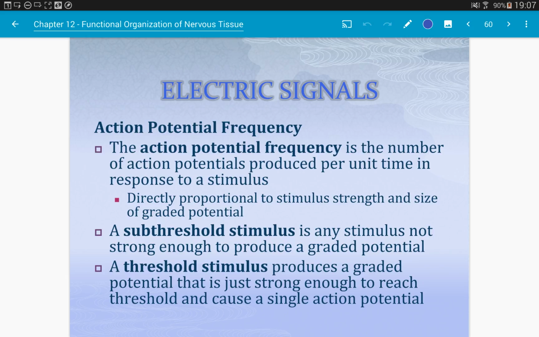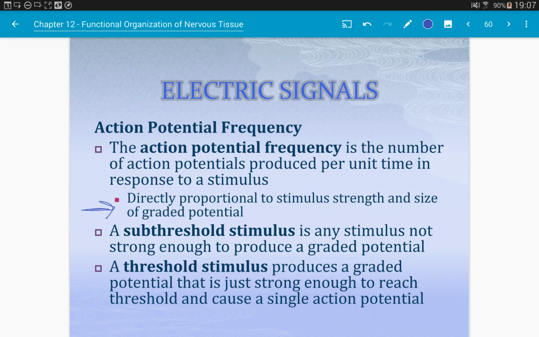So the frequency, if we're talking about definitions, is just how many action potentials you can produce in a period of time. Okay? And so how many action potentials that can be stimulated or produced is, right here, notice, directly proportional to the strength of the stimulus and the size of the graded potential.